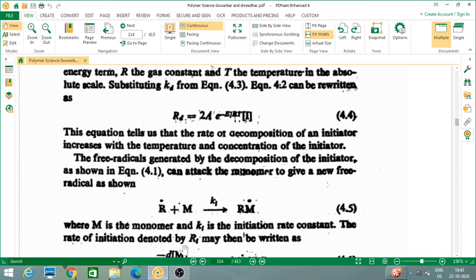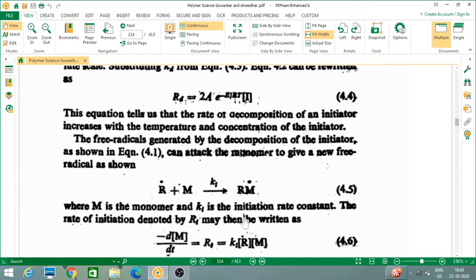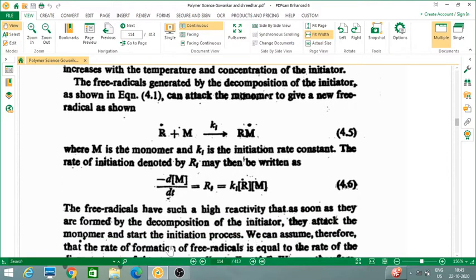The rate of initiation is denoted by capital Ri and may be written as Ri equals Ki times R star times M, and the monomer is being consumed, therefore negative dM/dt.